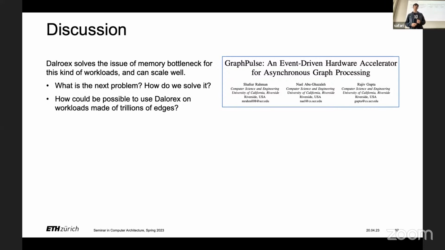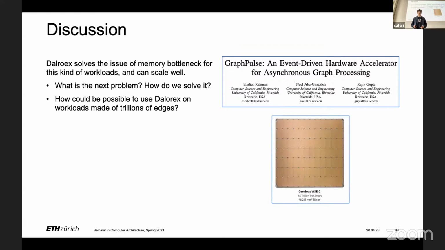So what you can do is simply tell the host system to use more Dalorex chips and then subdivide the graphs to these various chips. Another approach can be to use a very similar computer architecture design and then exploit the Dalorex software programming model. For example, you can use this Cerebras WSE chip, which is very similar to the Dalorex chip description.